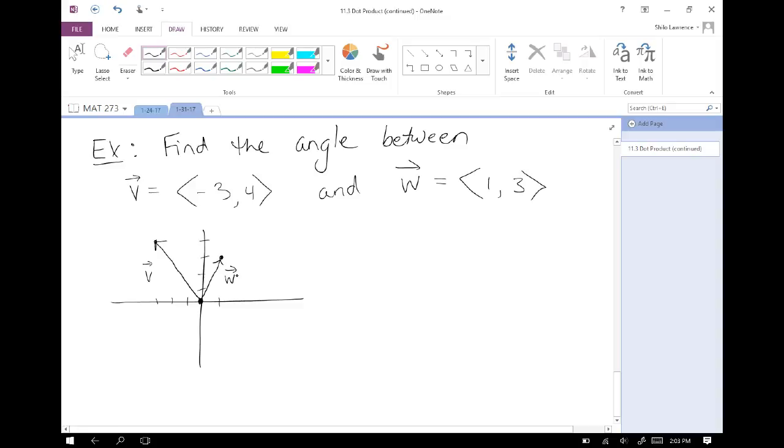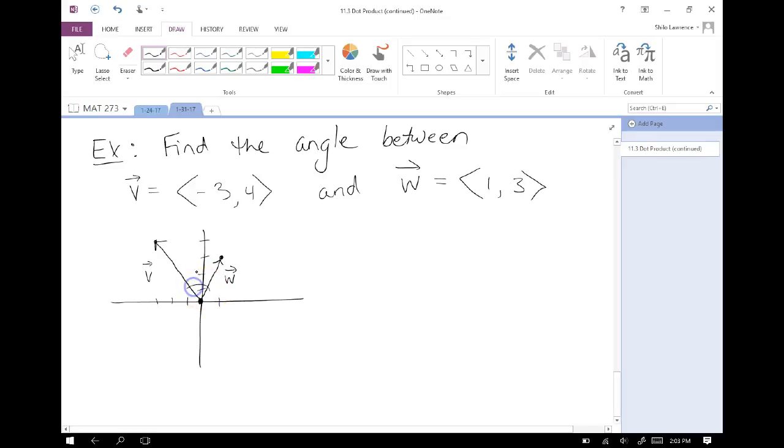So there's our v and our w. Just from the picture, what would you estimate the angle to be? 75? 63? Would you say, Eason? Less than 90, definitely less than 90. Pure facts.